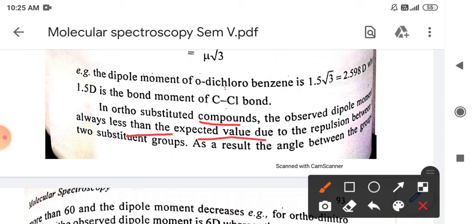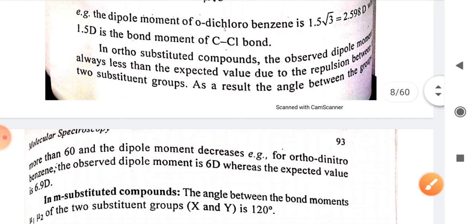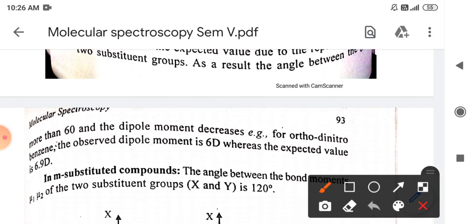So why is it so? Because the repulsion between the two substituent groups causes a slight deviation from their actual position. Due to the repulsion, we get a decrease in the dipole moment that we expect based on this formula or calculation. As a result, the angle between these two substituents becomes more than 60 degrees, and hence the dipole moment decreases.